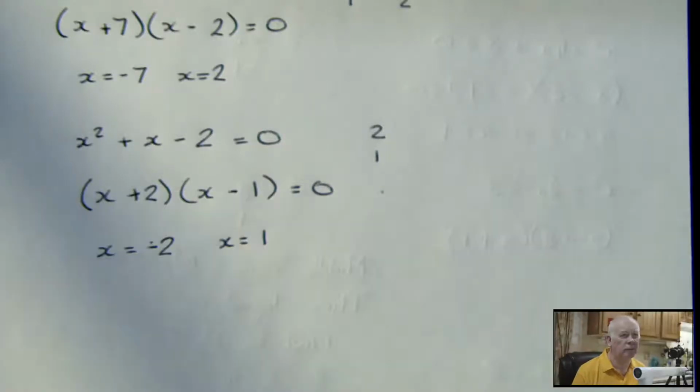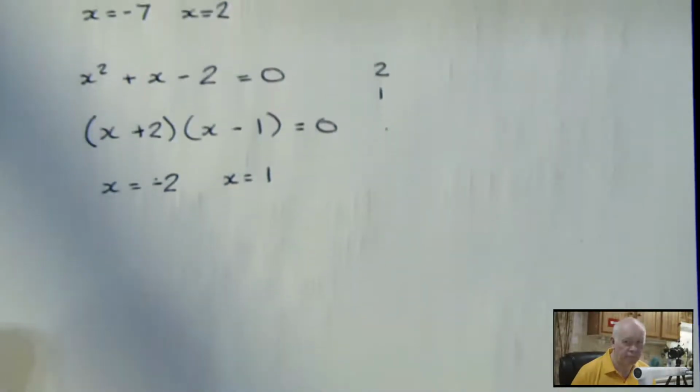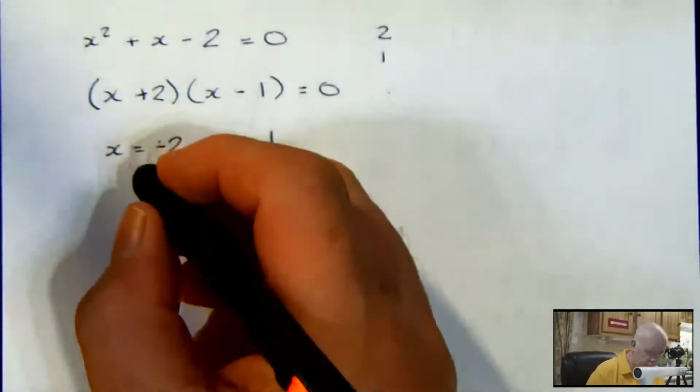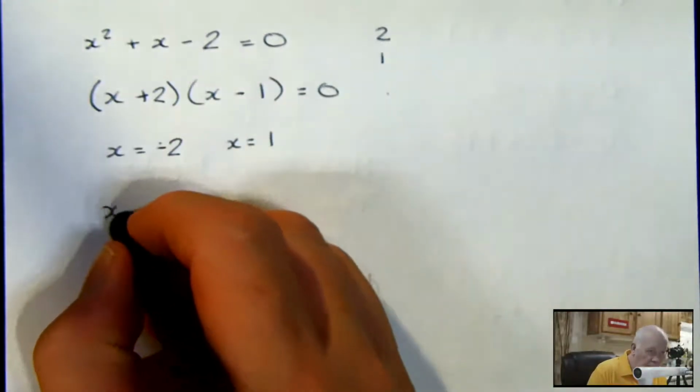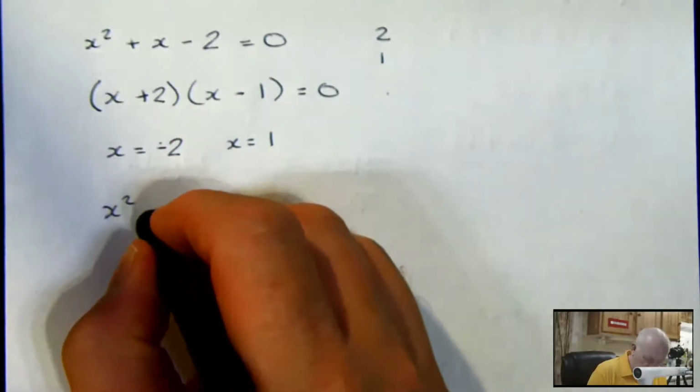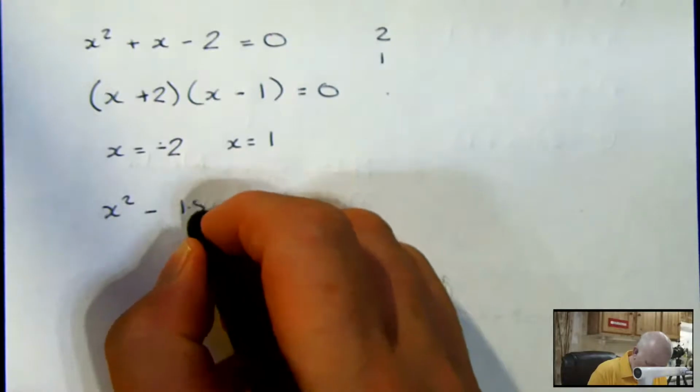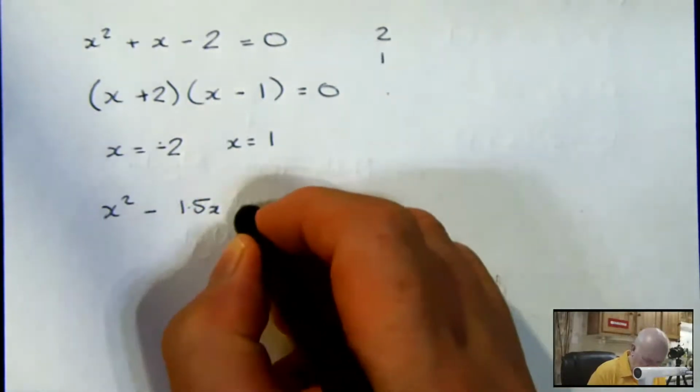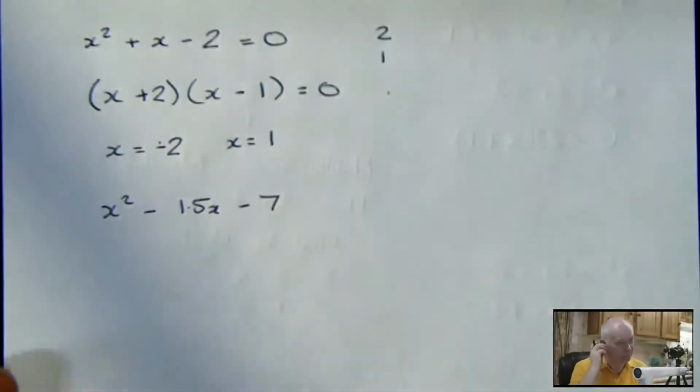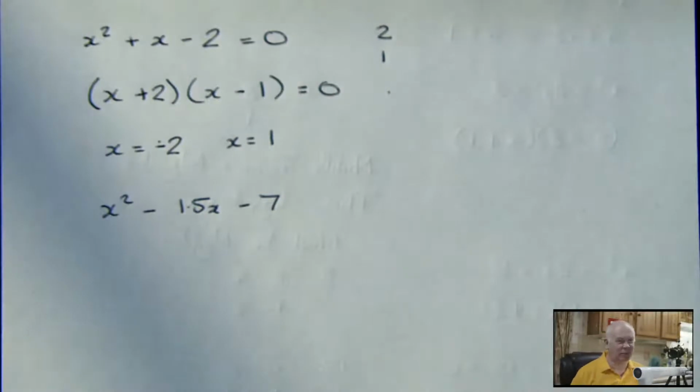And we'll try something a little bit harder. X squared minus 1.5x minus 7. Oh, that doesn't look very nice, does it?